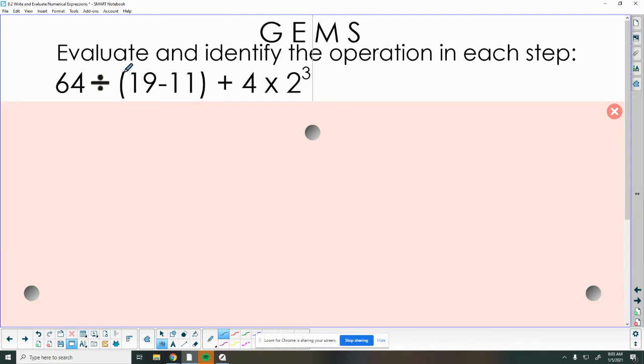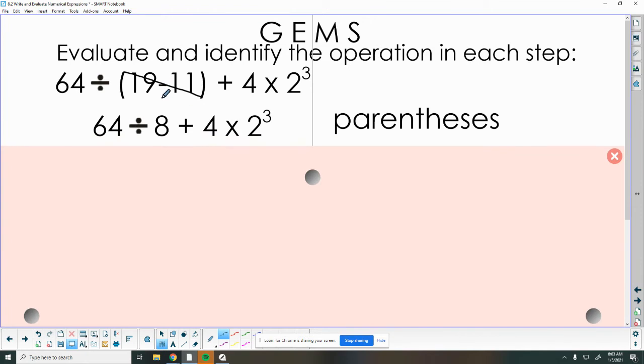So if we do this first one, 19 minus 11 equals 8. So I bring that down, and then here's my divide and my 64 plus 4 times 2 cubed. We did the parentheses. So I have no more parentheses. So now I'm looking for any exponents, which we have one here at the end, 2 times 2 times 2. So go ahead and see if you can do 2 cubed and bring it down and see what the next step of the problem looks like.